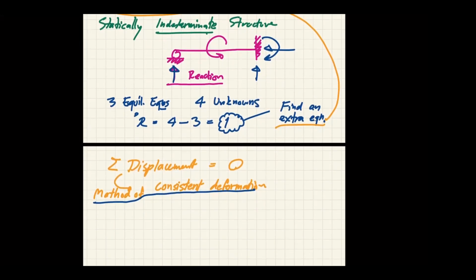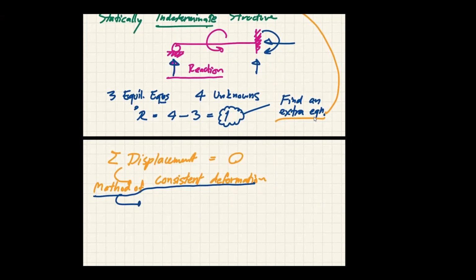So the method of consistent deformation, we use the compatibility equation to solve for the extra unknown. And once we can determine one extra unknown, or two or three or four, our structure becomes determinate.